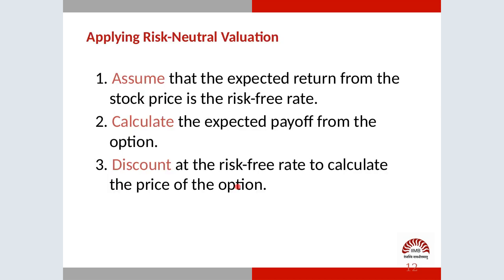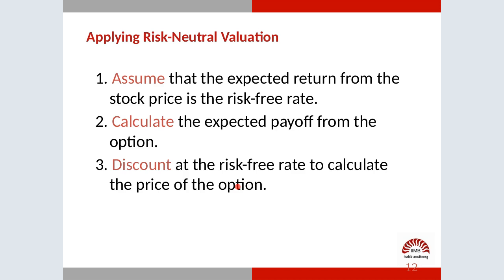The way I compute is this. If I apply risk-neutral valuation, what am I doing? I am assuming that the expected return from the stock price is the risk-free rate. Then we calculate the expected payoff from the option on maturity, and we discount the payoff to today to calculate the option premium or the option price. So three things.